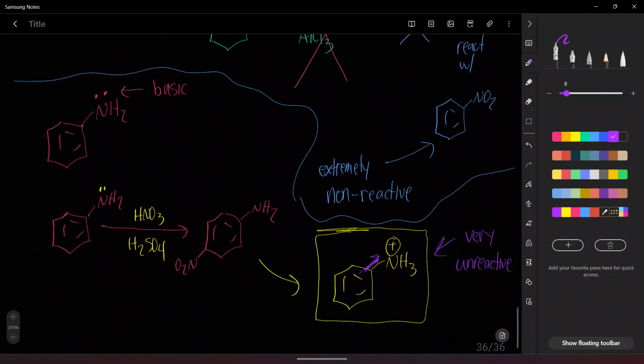Go back and rewatch some of these sections if I went too fast, but I did do all of the mechanisms, and hopefully you understood the logic. When I finish taking my break, I'll do a section on NAS. And once we do EAS and NAS, and you can add basically anything that you would want to add to benzene, we'll do some practice problems that I'll work through with you. So, yeehaw. Give me like half an hour and then I'll upload that NAS video.